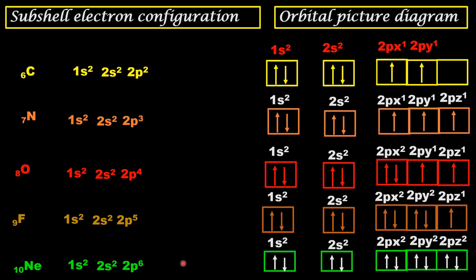It starts getting filled up only with elements in fourth period after filling 4s orbital. This is as per aufbau principle. I have given the sequence of these various orbitals with increasing energy level in the coming slide. Okay, let us continue.